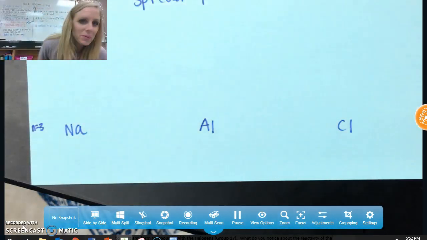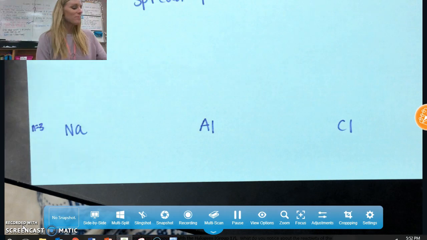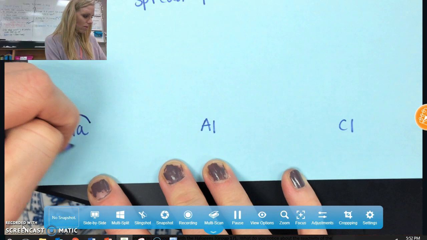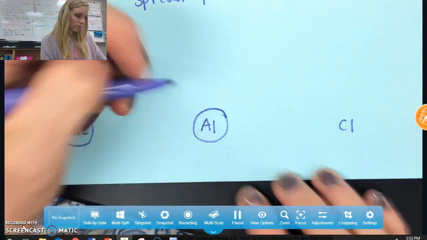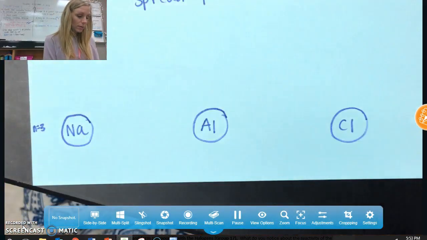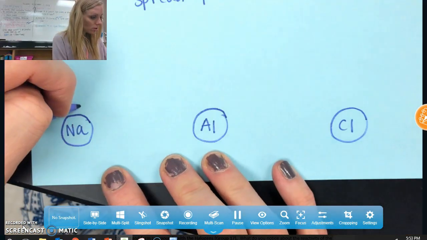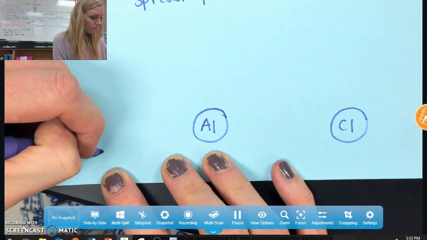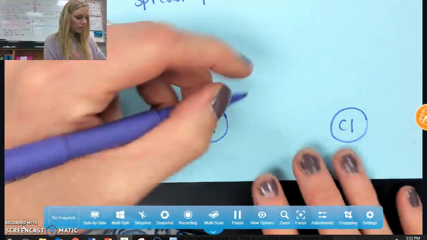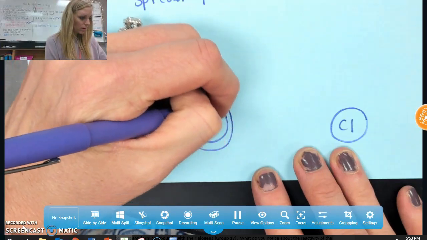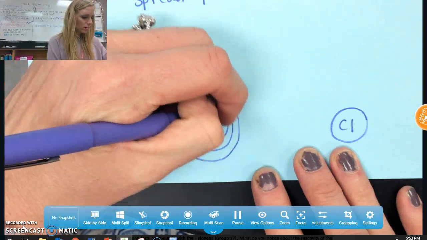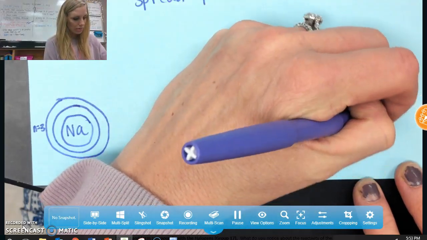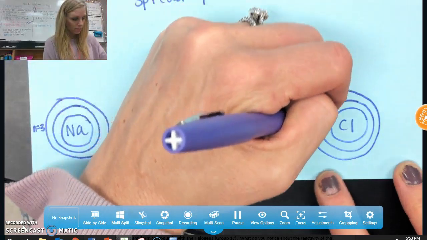Okay, so they're all on period 3, so they all have how many energy levels? 3, and I'm going to be really careful and try to draw my circles good. Okay, so there's 3 energy levels around sodium, 3 energy levels around aluminum, and 3 energy levels around chlorine.